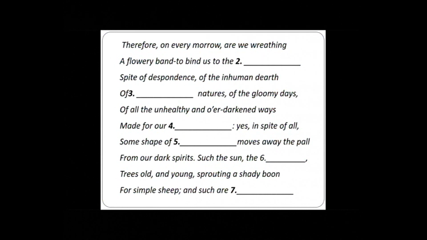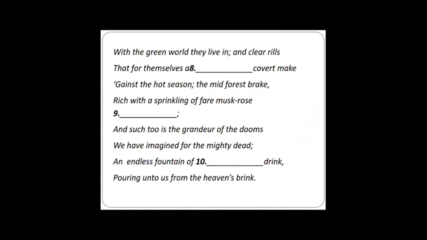Yes, in spite of all, some shape of beauty moves away the pall from our dark spirits, such the sun, the moon, trees old and young, sprouting a shady boon for simple sheep, and such are daffodils, with the green world they live, and clear rills, that for themselves a cooling covert make, 'gainst the hot season, the mid-forest brake, rich with the sprinkling of fair musk rose blooms, and such too is the grandeur of the dooms we have imagined for the mighty dead, an endless fountain of immortal drink pouring unto us from the heavens' brink.